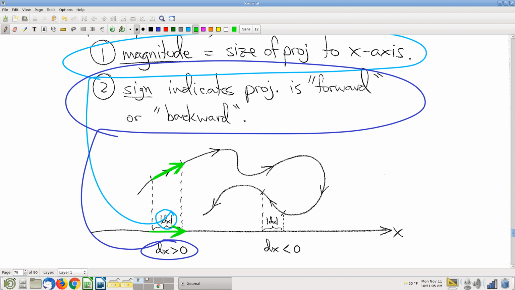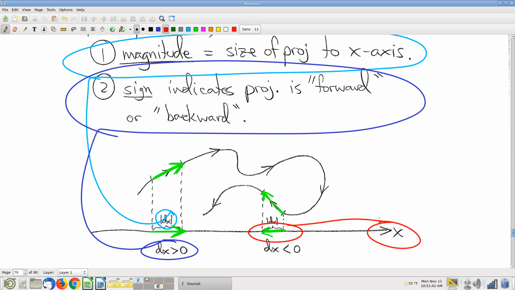So, weird point of view, I freely acknowledge, but you can think of the dx scalar as being a thing whose magnitude is the size of the projection and whose sign tells you whether your piece of curve projected the right way along the x-axis or if it were negative. Imagine if you continue along the curve here, and now notice over here I'm going this way. If I look at that little piece of curve, it projects that way, which I'm going to again loosely call the wrong direction.